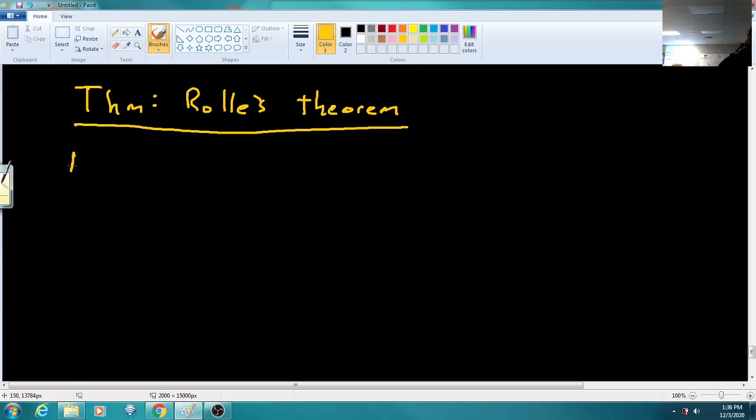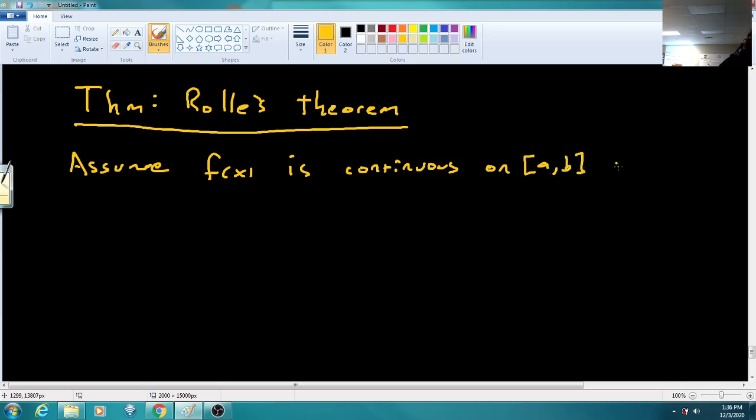So we're going to assume f of x is continuous on a to b, and differentiable on the open interval a to b.